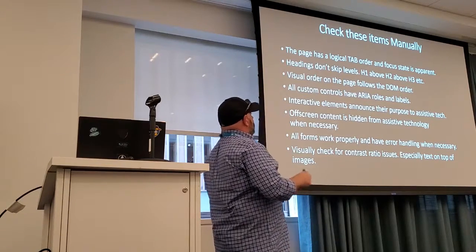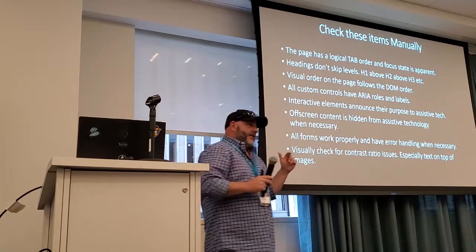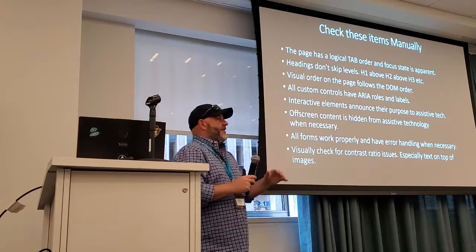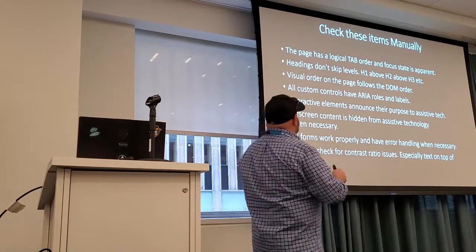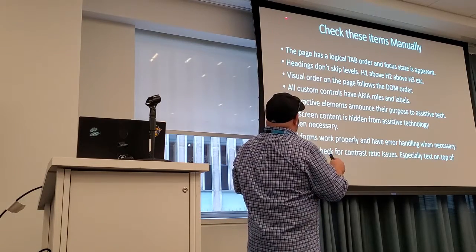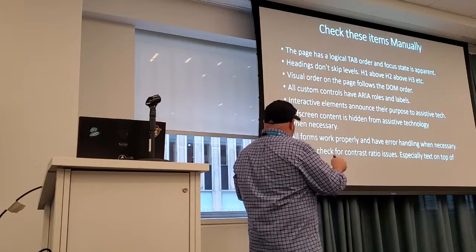Okay, the page has a logical tab order and focus state is apparent. That means when an individual is tab navigating, just using their keyboard to navigate your site, just like we're talking with the headers, it has to be in a predictable manner. So typically it goes like a typewriter, down to the right, down to the right, down to the right, or all the way down.